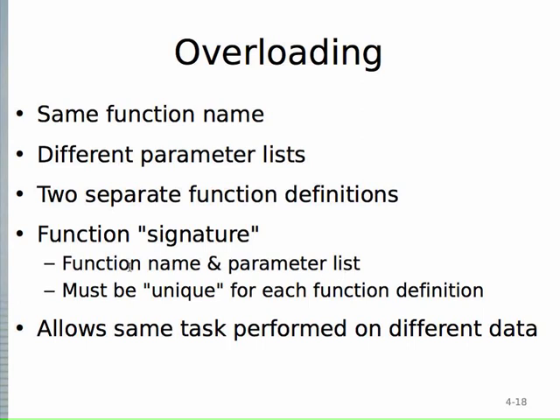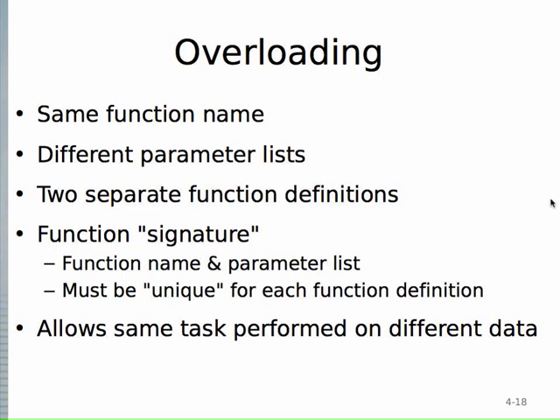And so this must be unique. That is, you cannot have two functions with the same name and the parameter list having the same types. So if you use different names for the parameters, that does not count. You need the parameter types to be either different or in different order.